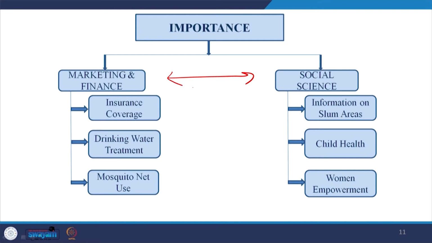These are actually quid pro quo, and relationships are there between these two domains. Now, broadly, if you categorize social science and its importance, we can derive information on slum areas, child health, women empowerment. Even the sociologists and the anthropologists are highly interested in observing these information carefully.